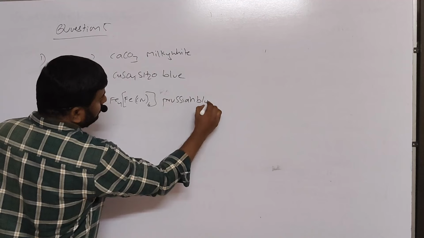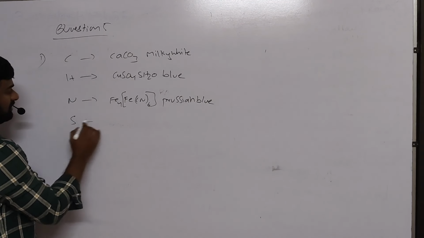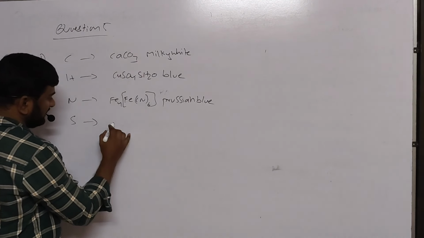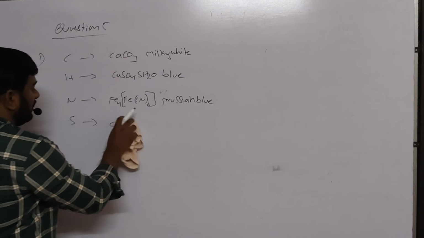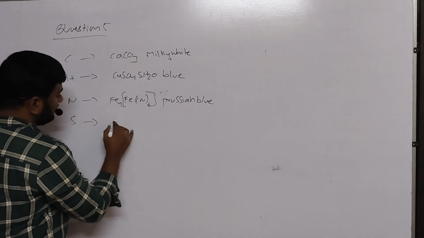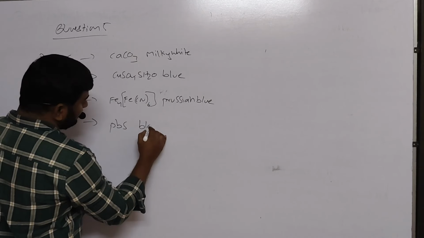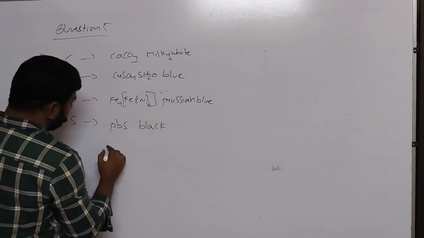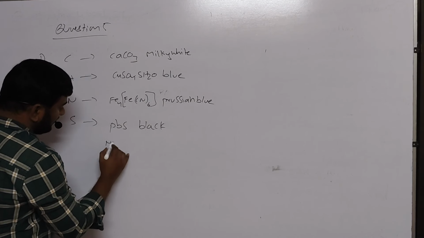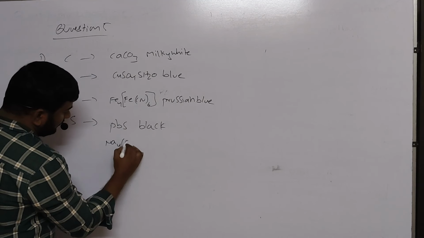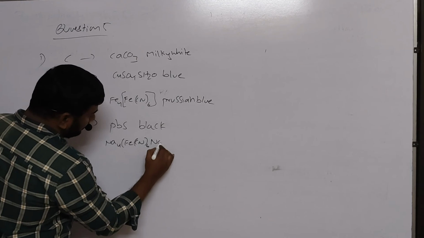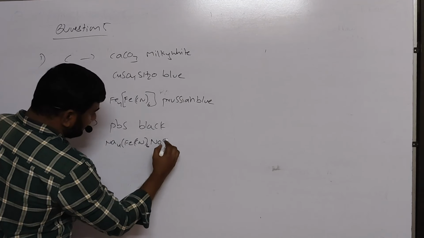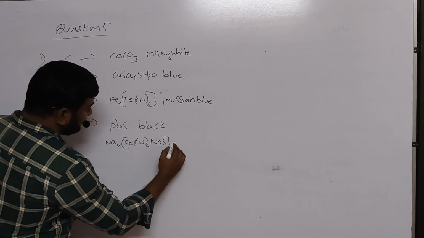Prussian blue. Next, how is sulfur estimated? Sulfur in two ways. One is PbS. What is the color? Black. Another one, sodium thionitroprusside, Na4[Fe(CN)5NOS]. What is the color of this one?